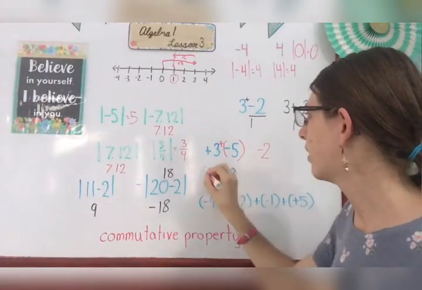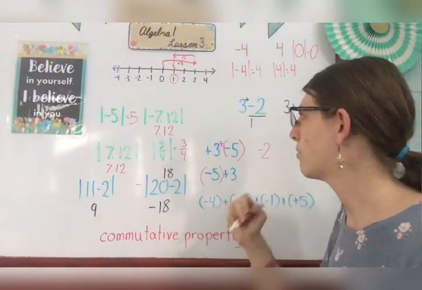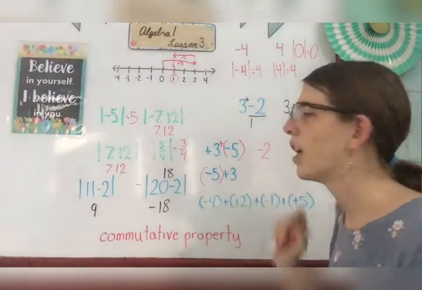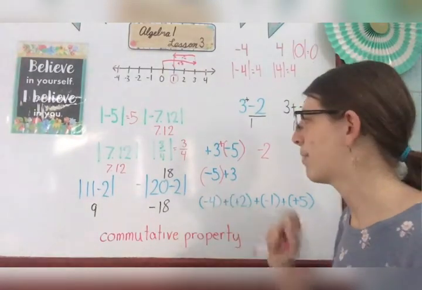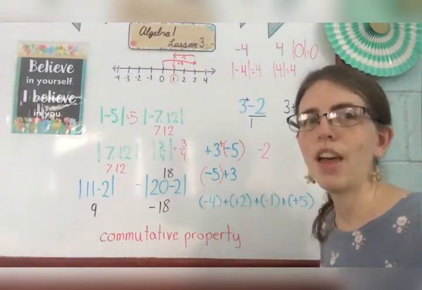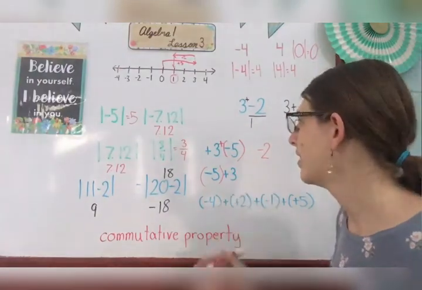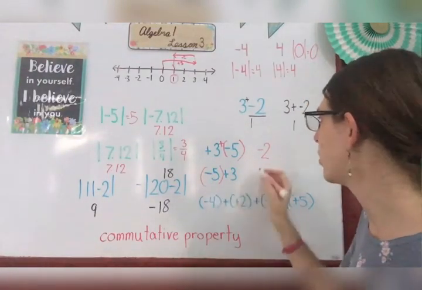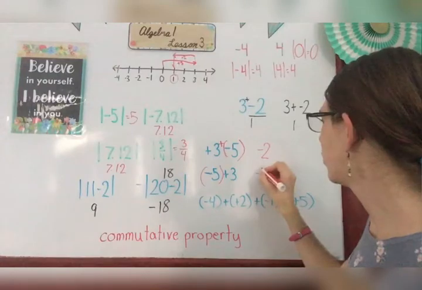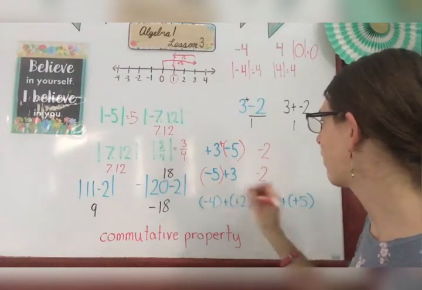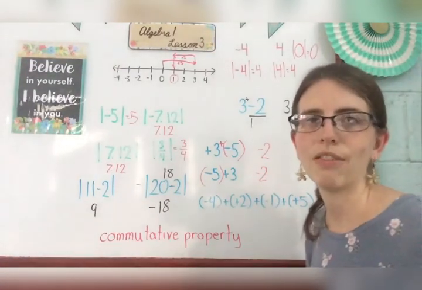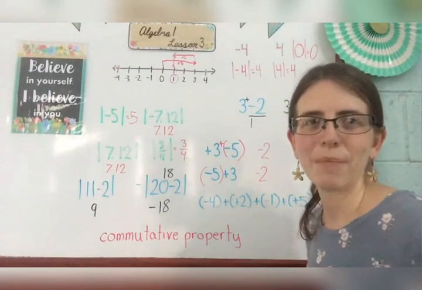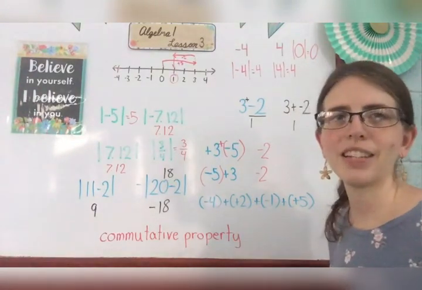Okay, now I switch them based on the commutative property. I'm going to add -5 first to 3. Well, -5 plus 3, we follow the same rule. Subtract 5 minus 3, take the sign of the larger absolute value, which is 5. 5 minus 3 is 2, larger absolute value, -5. So our answer is -2. Okay, we're going to finish this practice in part 2.